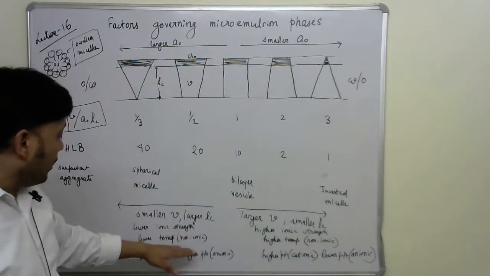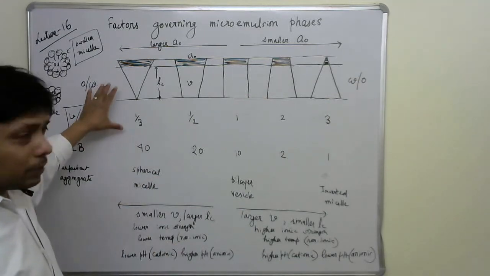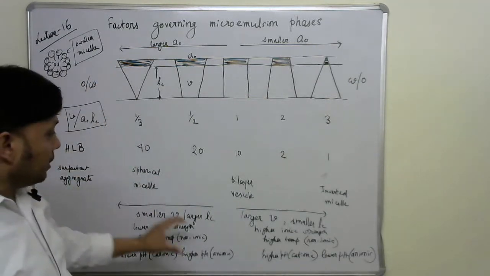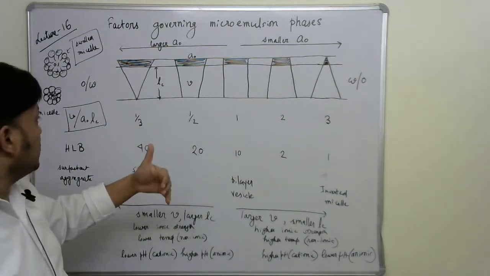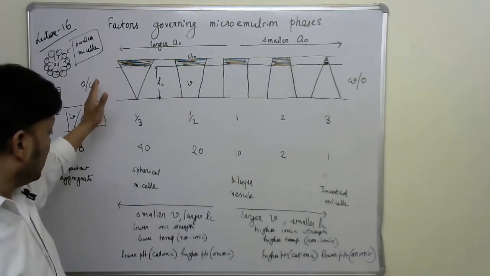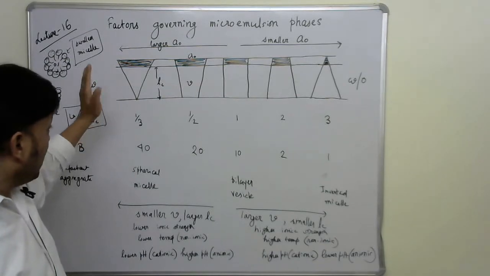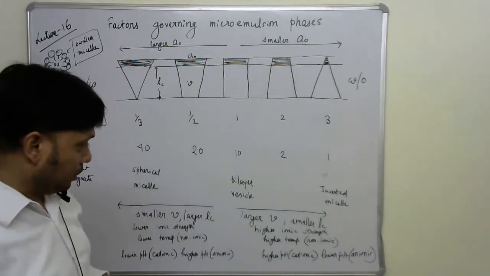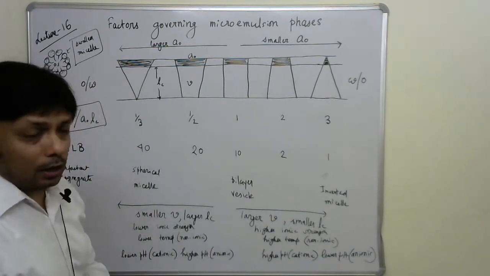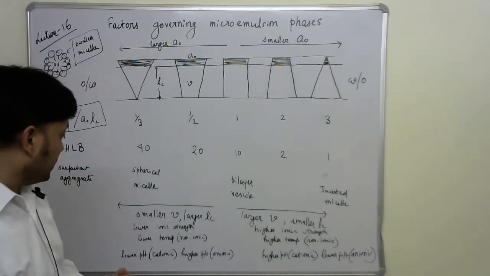And if we have a non-ionic surfactant, lower temperature would form this, and the higher temperature would basically form this. So in Windsor systems, this represents type 1 more closely, and this represents type 2 more closely.